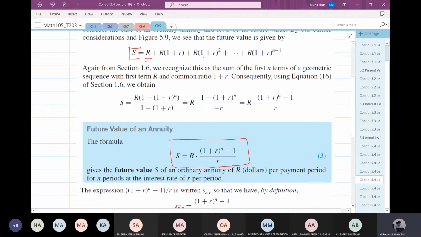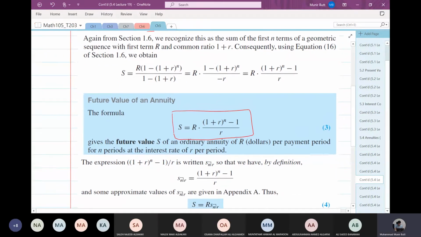Then it is 1, 2, 3, 4, n minus 1, plus this one, so it will be total n periods. Okay, so this is the formula for the future value, where we have given a fixed amount R in the beginning and we have n periods.